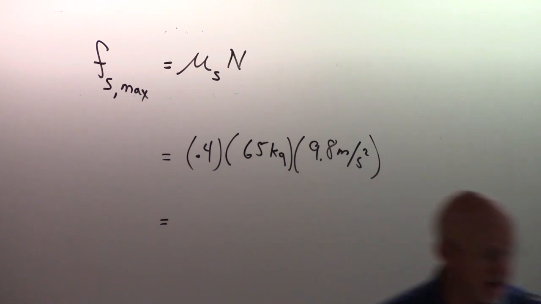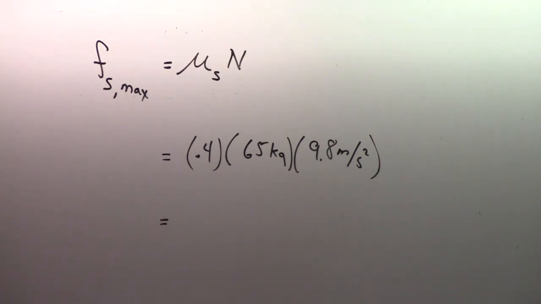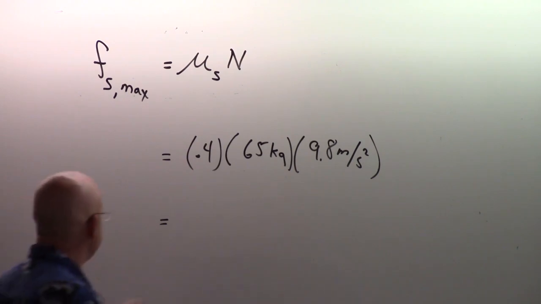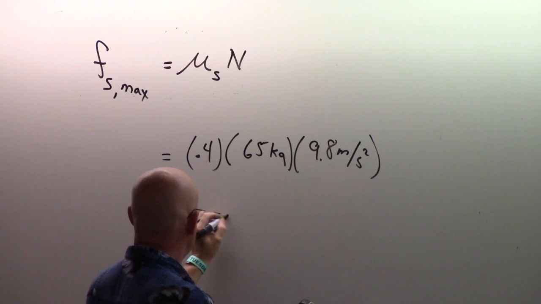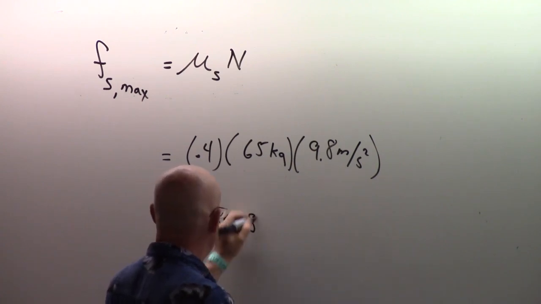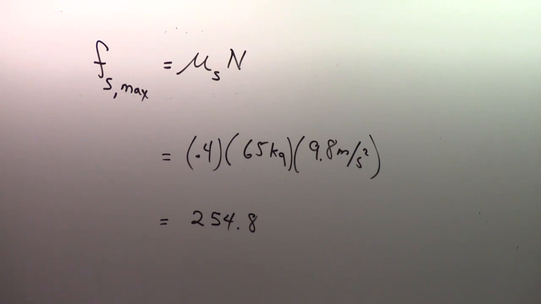That needs to be my first calculation: do I even have enough force for her to move? So 65 times 9.8 times 0.4 is 254.8. Whoa. That was a lot more than I gave it credit for.